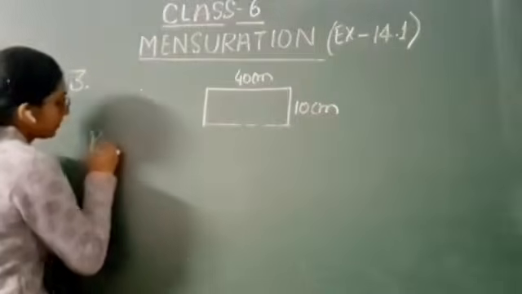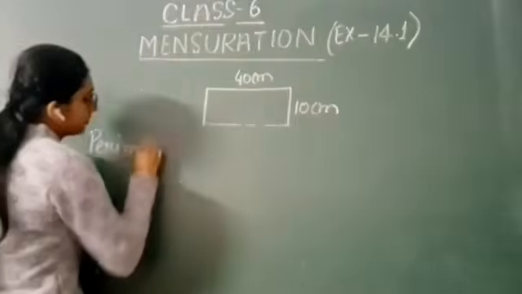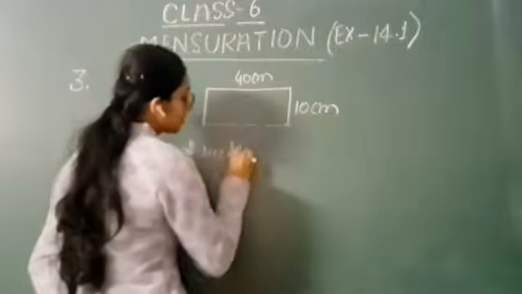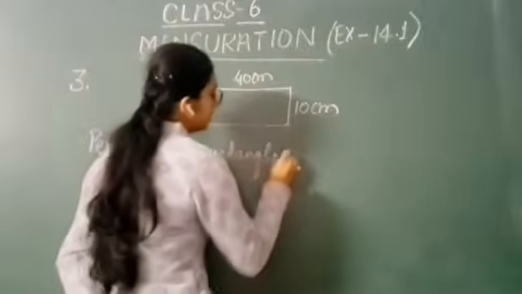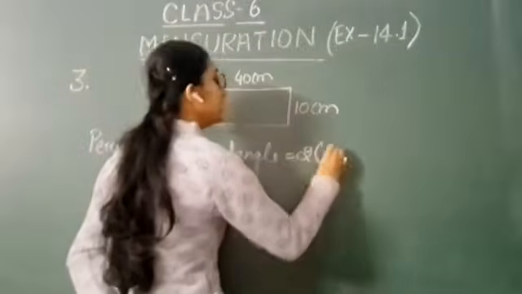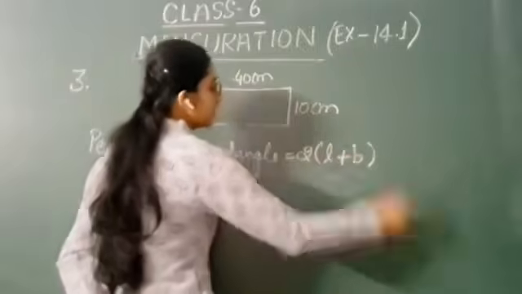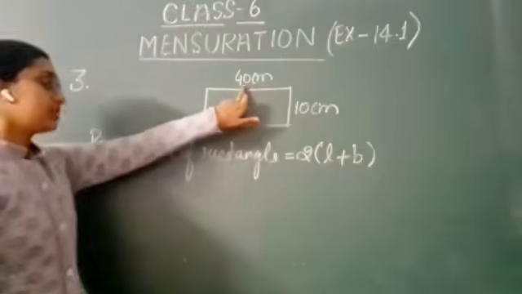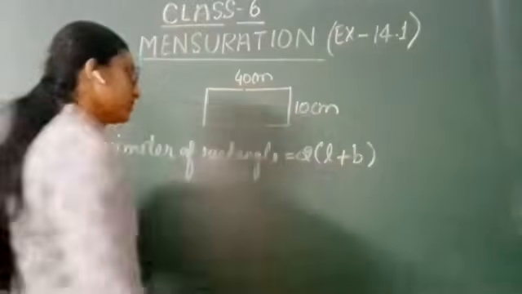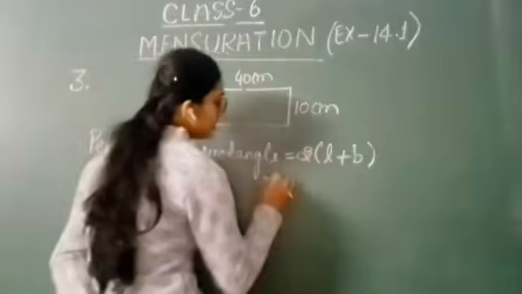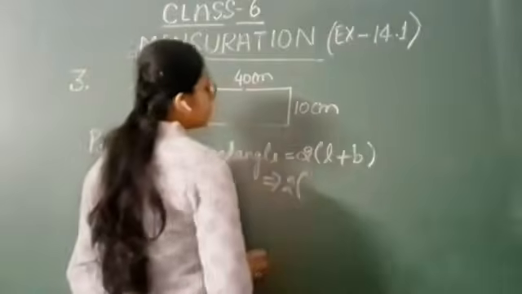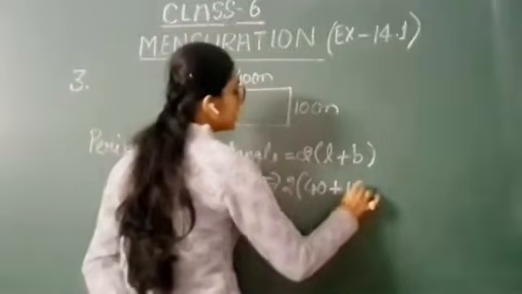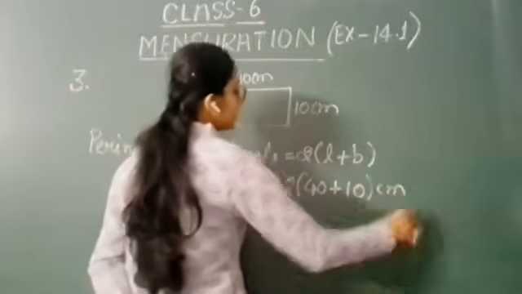So perimeter of a rectangle is equal to 2 into length plus breadth. It is already given length is equal to 40 cm and breadth is equal to 10 cm. So we can put the values also. 2 into, in place of length it will be 40 and in place of breadth it will be 10 cm.